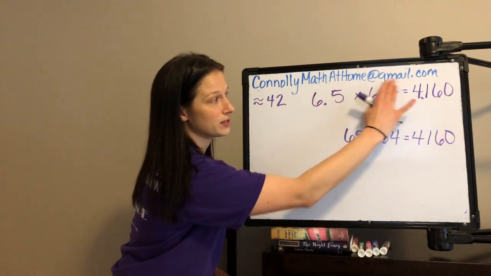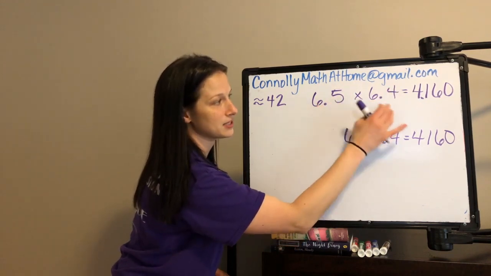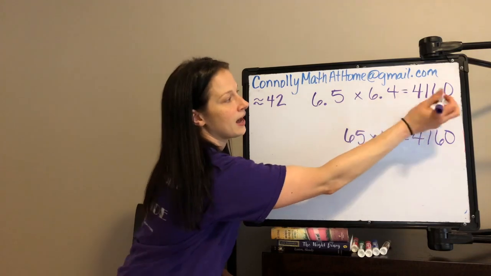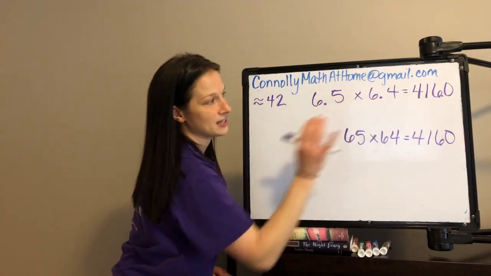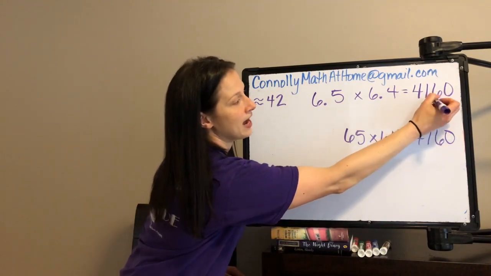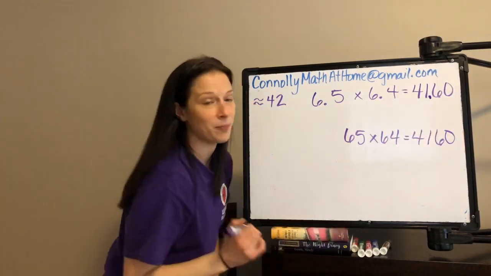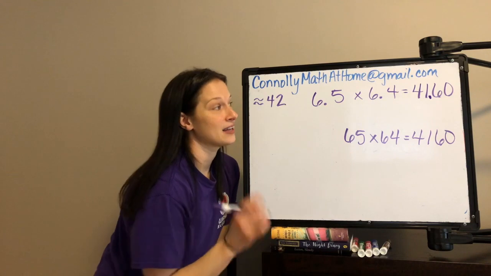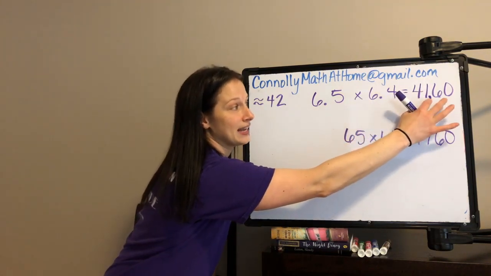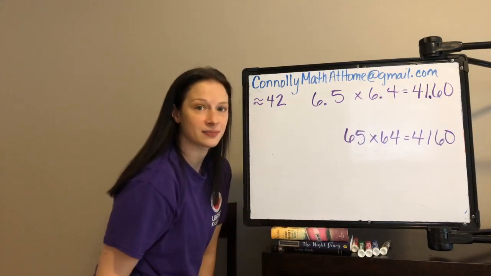If those decimals weren't there, the tens place wasn't there, 6 times 6 would be way more than 4. Okay? 6 times 6 again, way less than 416. So I know what makes sense is that my decimal goes here, and it's 41 and 60 hundredths.